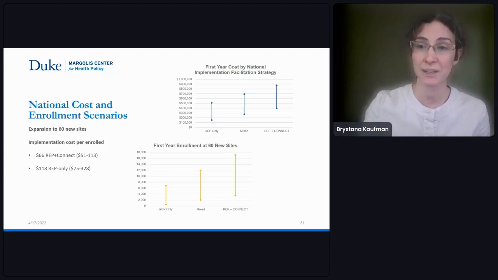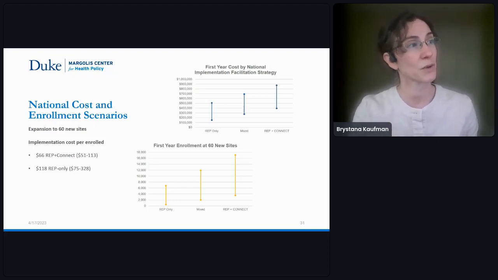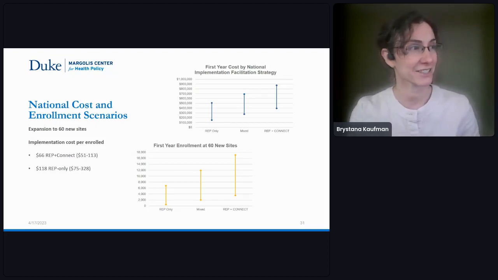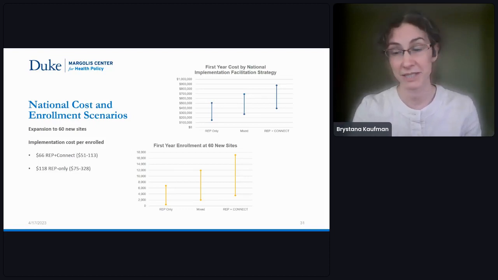So if you look at that implementation cost as a cost per enrolled participant, we actually found that the more expensive program, Rep Plus Connect, had a lower per participant cost. So it's $66 per participant. And this is just an estimate from those 8 sites.